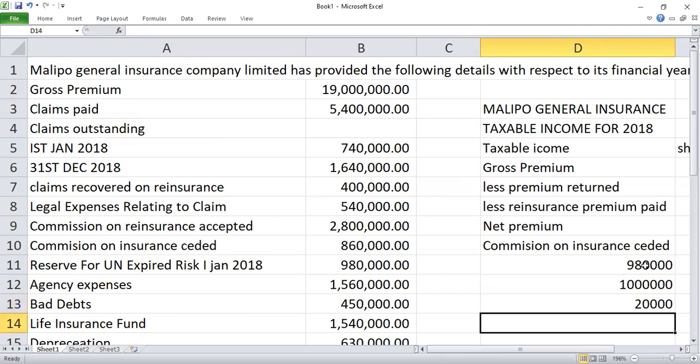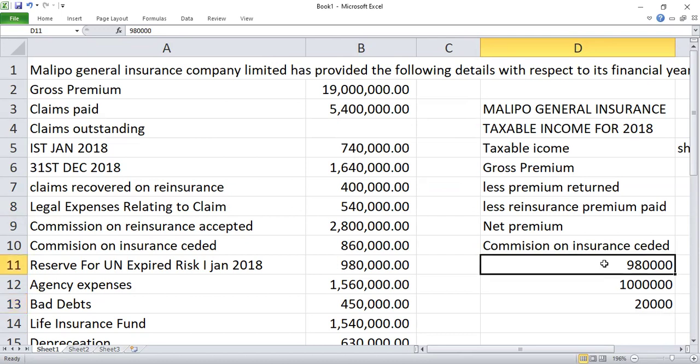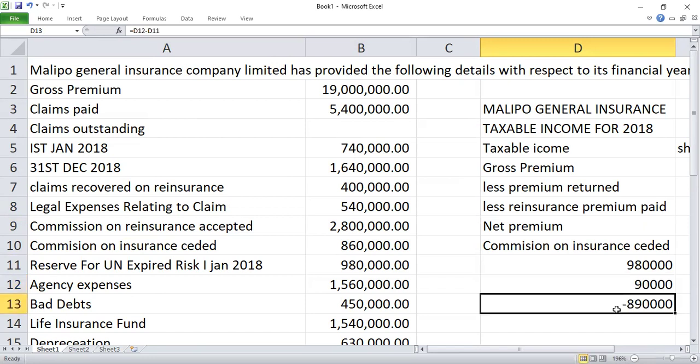There's an increase of 20,000, and this 20,000 should be an expense, because the reserve has increased from 980,000 to 1 million. But let's take, for example, the reserve has decreased from 980 to 900,000. There's a decrease of 80,000. Then that is an income.